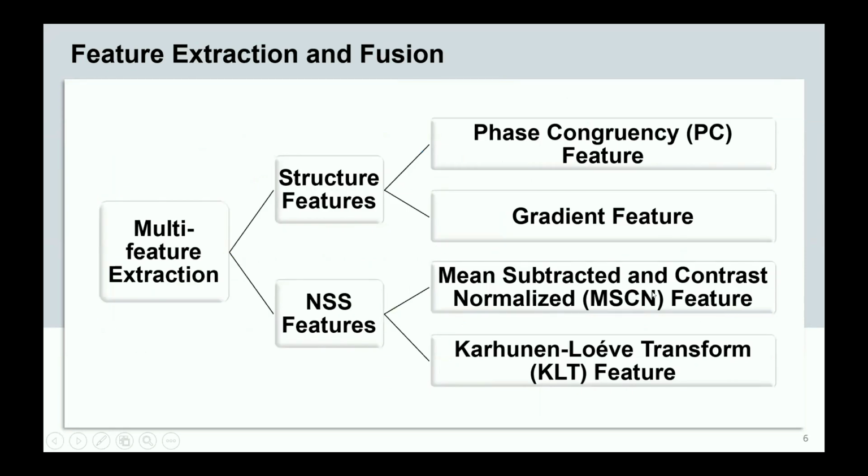To form the feature matrix, we extract structure features and NSS features from each non-overlapping patch of the image, which contains phase congruency feature, like PC feature, gradient feature, mean subtracted and contrast normalized MSCN feature, and Karhunen-Loève transform feature, and we call it KLT feature.